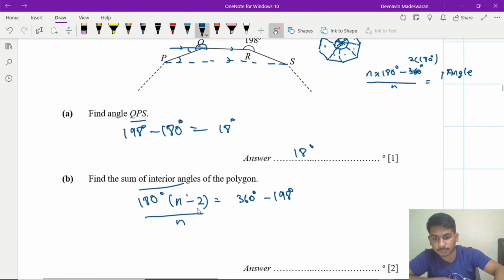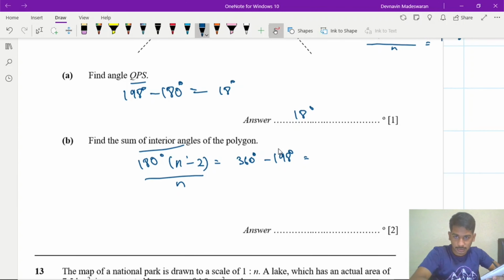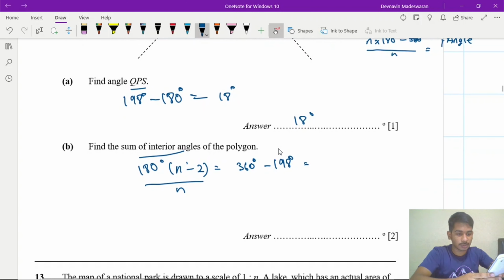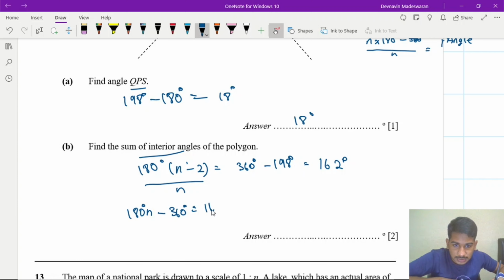So this is the equation we need to solve. And thinking about it as an equation makes it easier. 360 degrees minus 198 is going to give me 162. So we have 180 degrees n minus 360 degrees is equal to 162 degrees n.